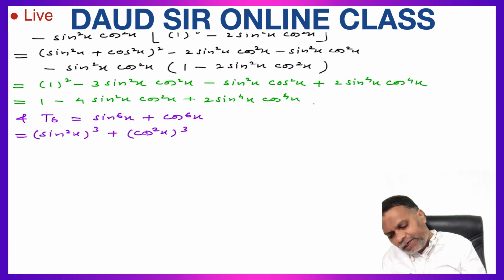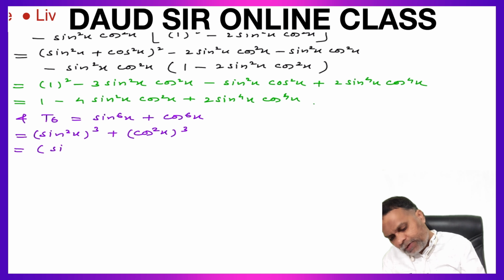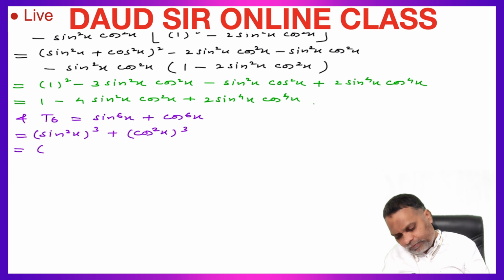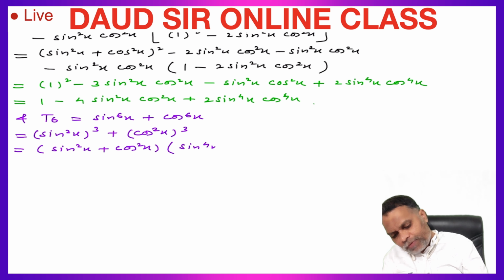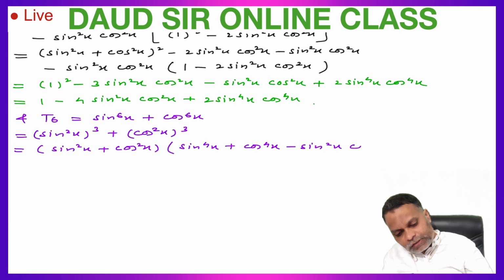Now apply the identity a cube plus b cube, a plus b, sine square x plus cos square x, a plus b, a square sine raised to the power 4x plus b square cos raised to the power 4x minus ab sine square x into cos square x.